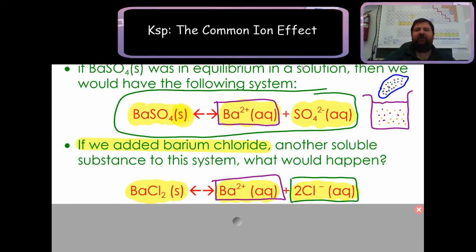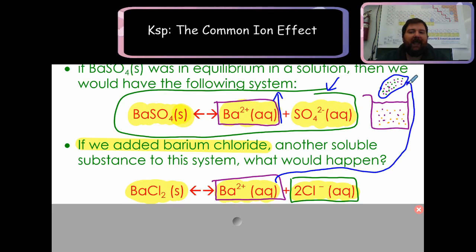Let's do some predictions as to what's going to happen using Le Chatelier's principle. Le Chatelier's principle states that if we add stress to a system in equilibrium, this is my system in equilibrium. The stress is I added in barium 2+ when I added this liquid. By adding in barium 2+, I've created stress on my equilibrium system.